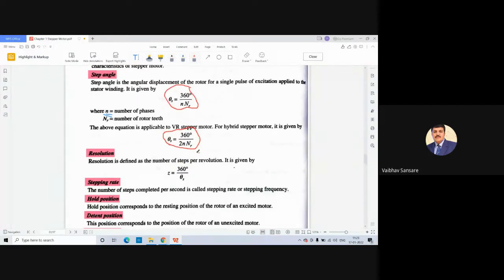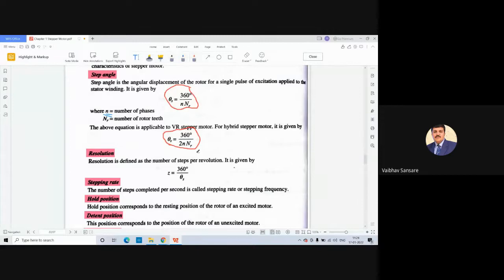Now the next terminology related to stepper motor is resolution. Resolution is defined as the number of steps per revolution. The number of steps carried out by the stepper motor in one particular revolution is generally termed as the resolution of the stepper motor. We calculate this resolution by 360 degree divided by theta s.